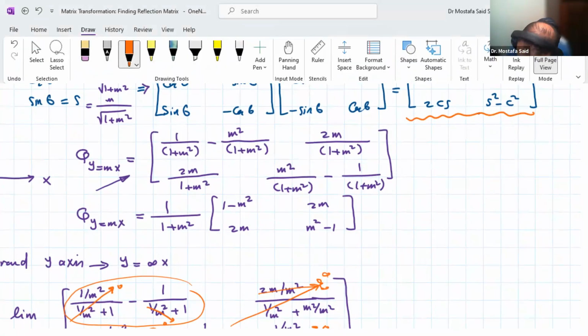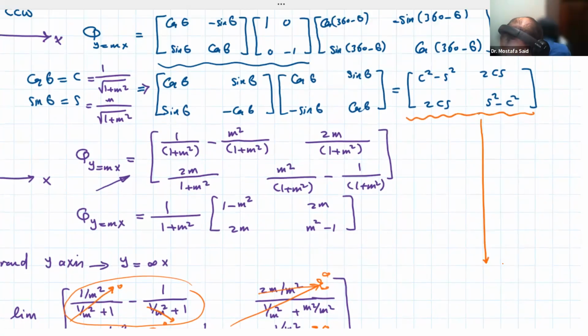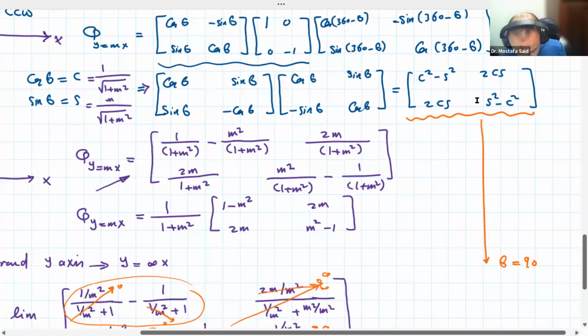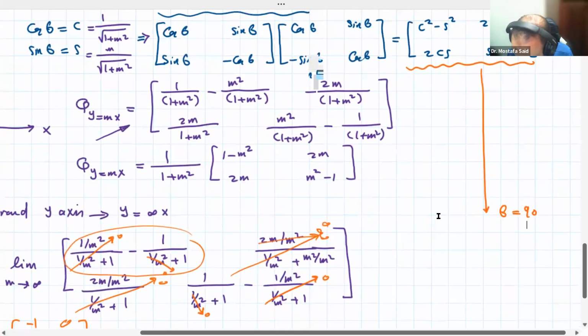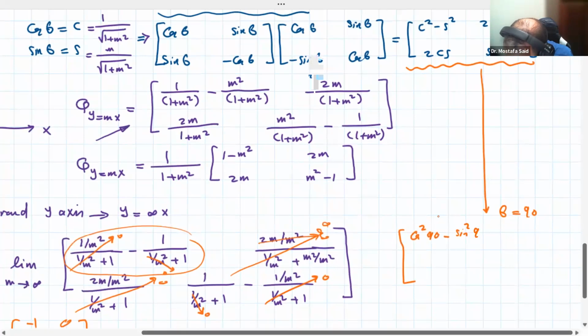Take it down here and put theta equal to 90, to be parallel to this one. So this will be cosine square 90 minus sine square 90, 2 cosine 90 sine 90, and here 2 cosine 90 sine 90.